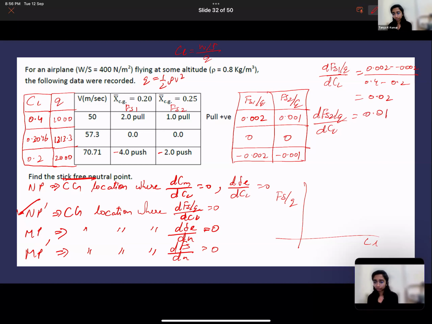Correct? Yes. So now how do you find out? You have the 2 slopes. Now how do you find out the point at which the slope becomes 0? So now you take another graph where you have dFs by Q by dCl, and you have CG.